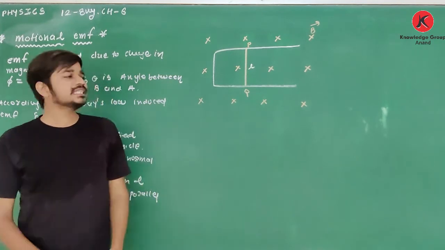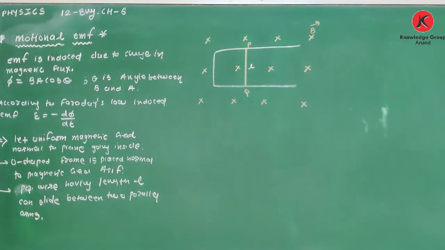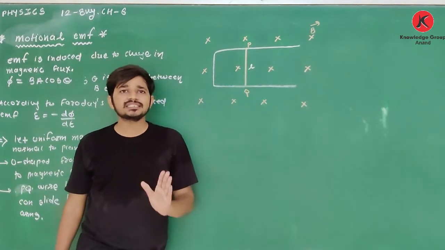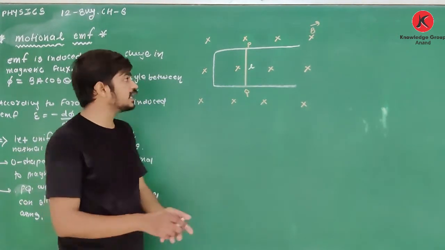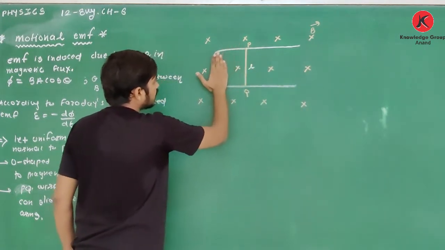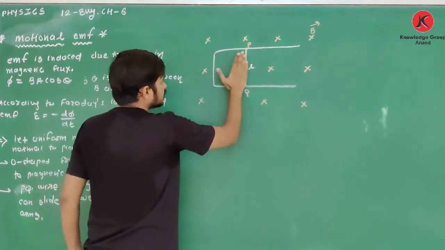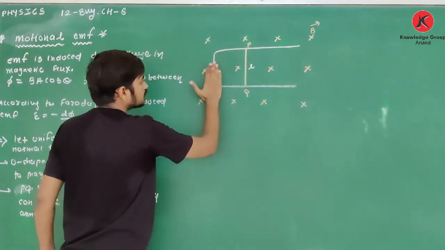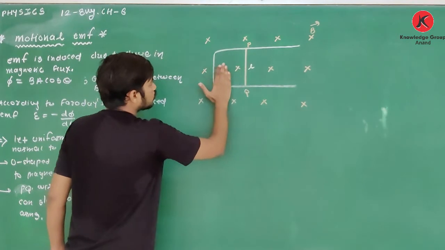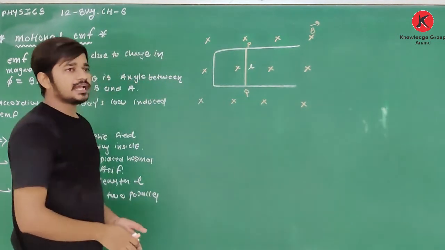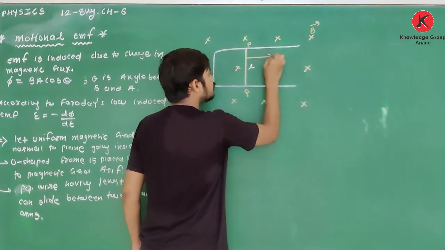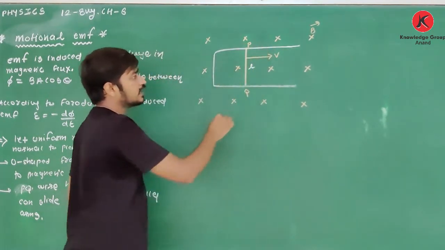Yes or no? See, why is it named motional EMF? First of all, we will see this. These two ends are open, but this PQ wire encloses some area here.